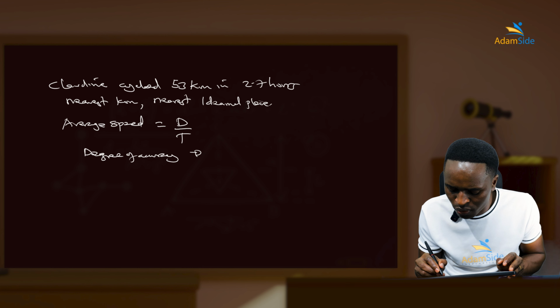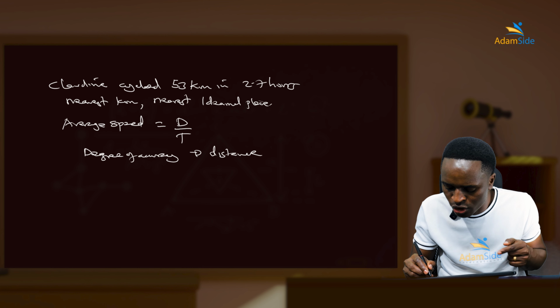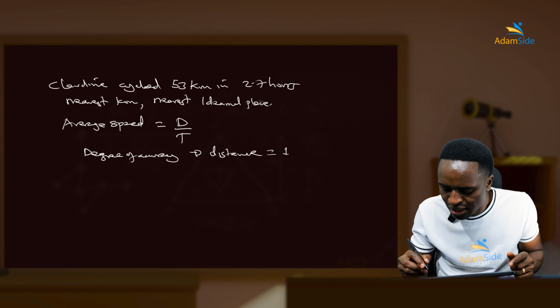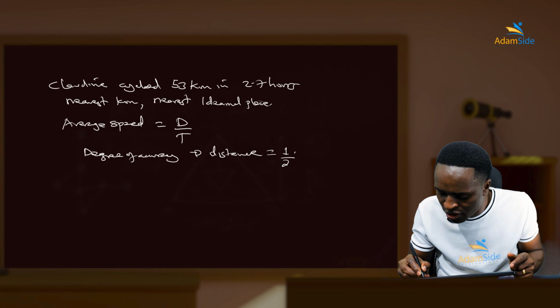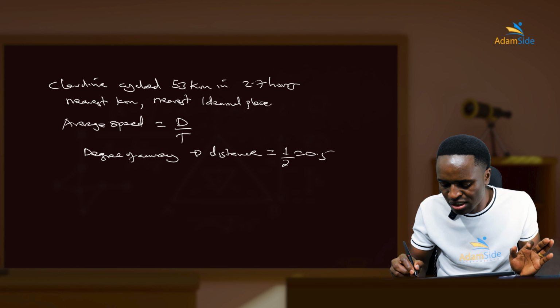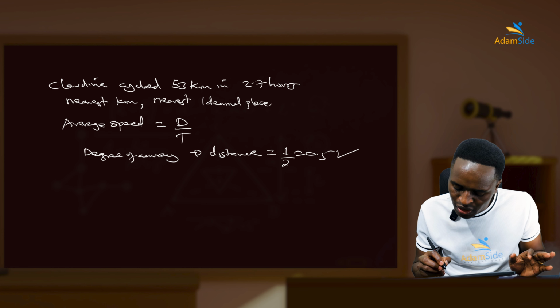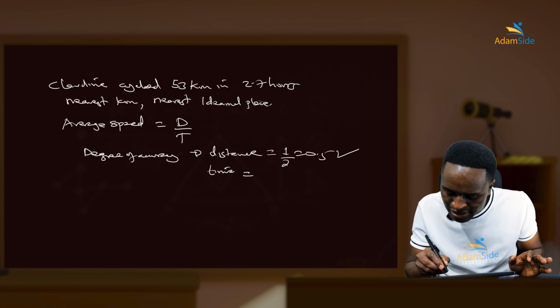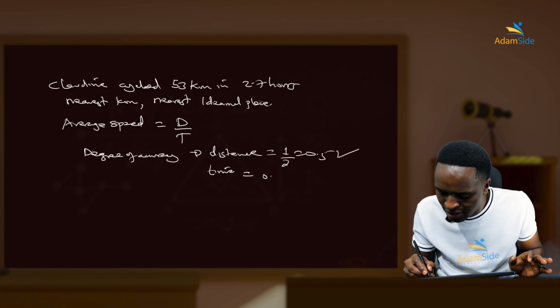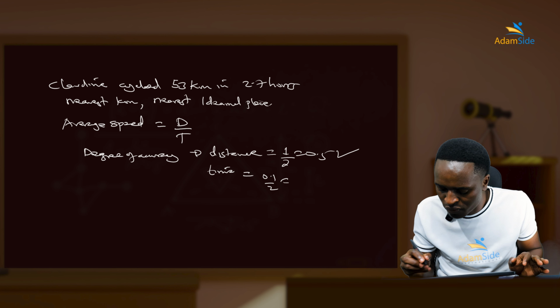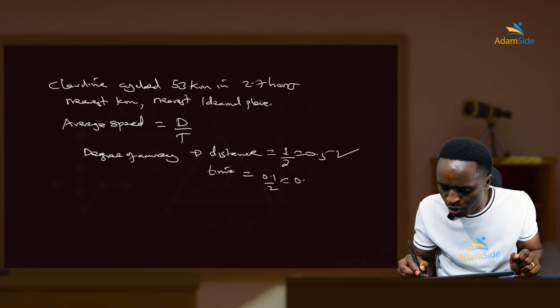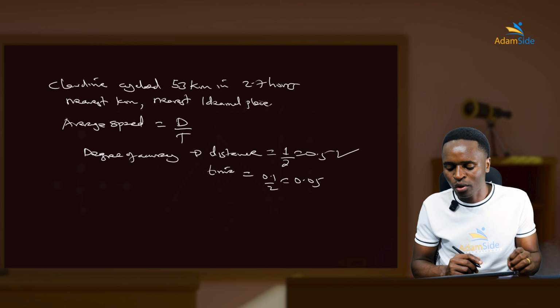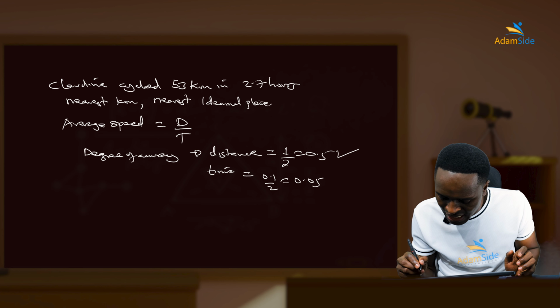For distance, the degree of accuracy is 1, so we take the whole number 1 divided by 2, you get 0.5. Then for time, it's a decimal, so it's 0.1 divided by 2, which gives 0.05.